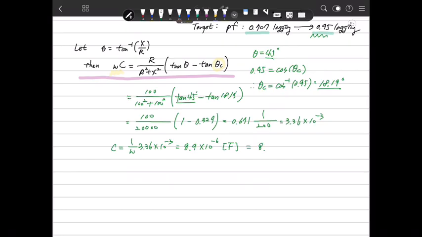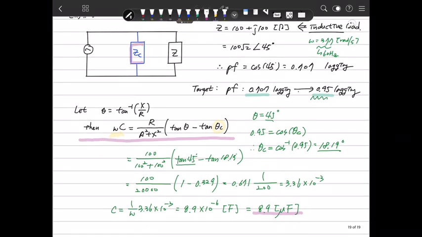That will be 8.9 microfarad. So if you add a capacitance of 8.9 microfarad here, the power factor moves from 0.707 to 0.95.